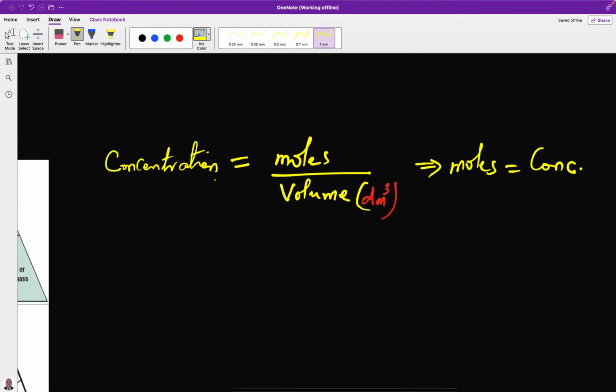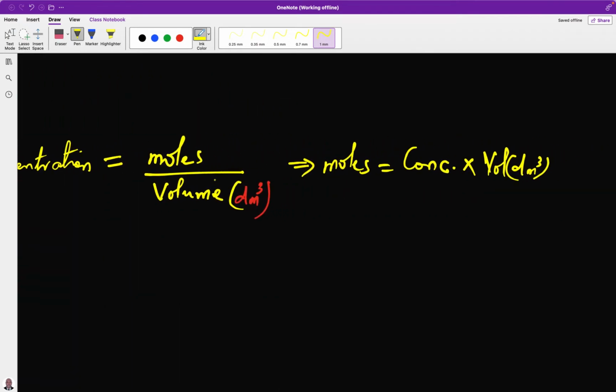So what we are going to do here, the number of moles will be the concentration, which is 0.02, times the volume. The volume is 27.30, so we have to divide the volume by 1000. Let me do it so that you cancel out everything which is there.